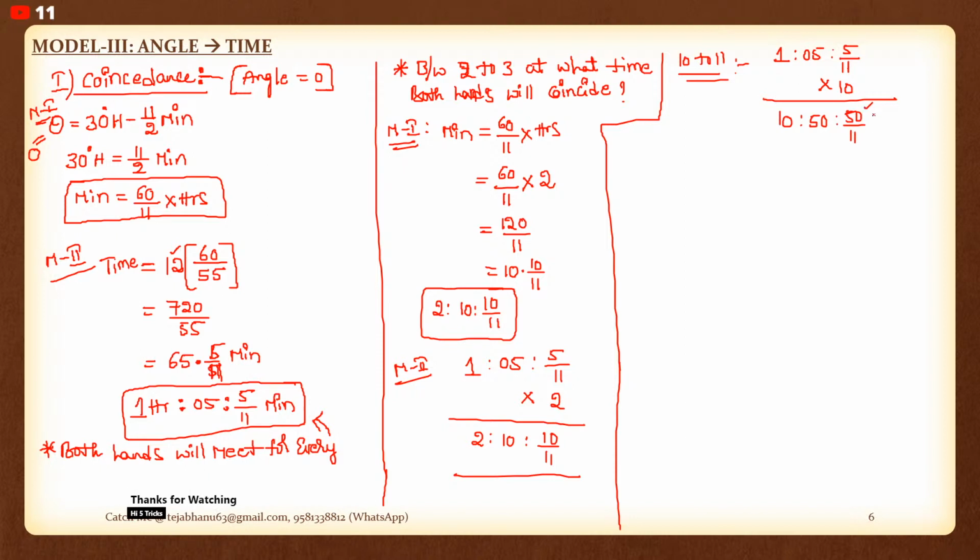As the numerator is more, 11 fours are 44, remainder is 6 by 11. Add this 4 to the first minutes. That is 10:54, 6 by 11. At 10:54, 6 by 11, both hands will coincide.